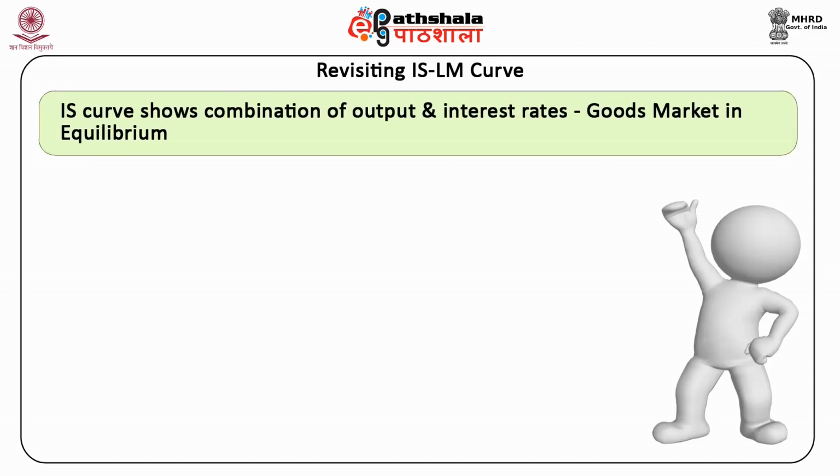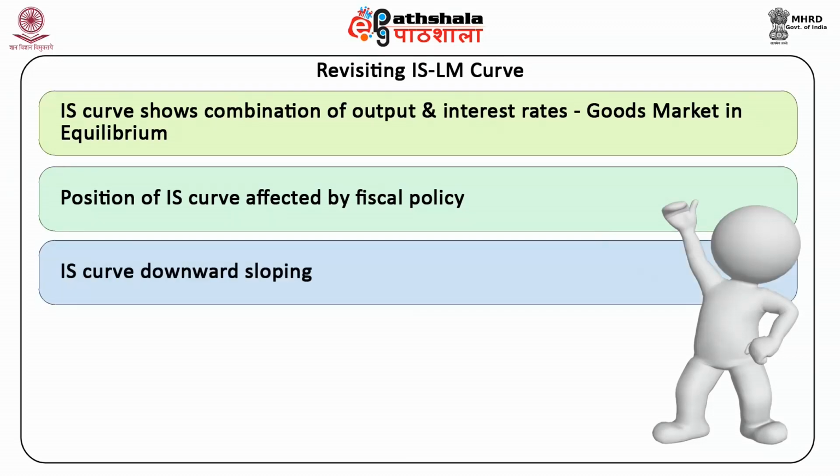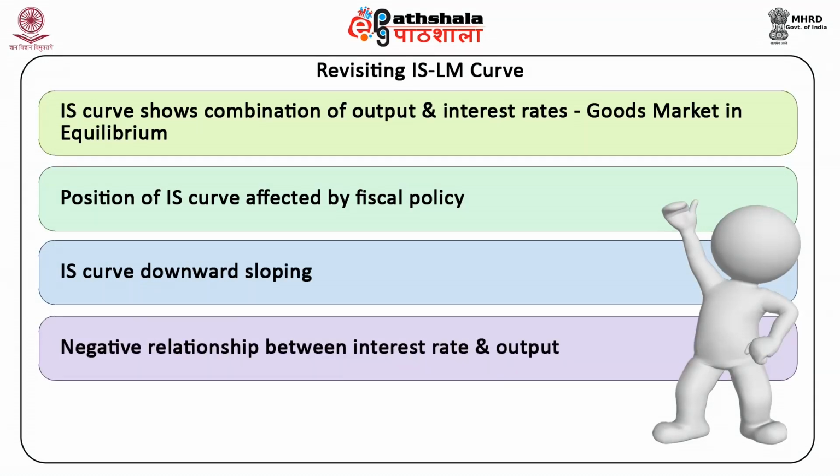IS curve shows the combinations of output and interest rates where goods market is in equilibrium. The position of IS curve is affected by the fiscal policy of the economy. IS curve is downward sloping, showing a negative relationship between interest rate and output.